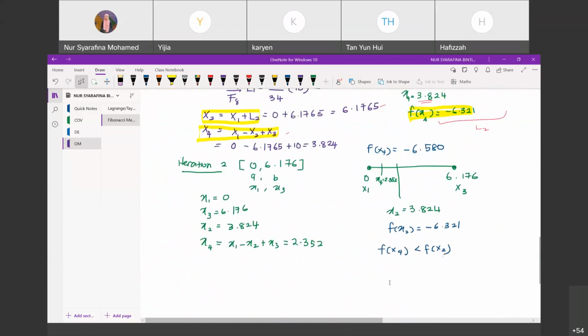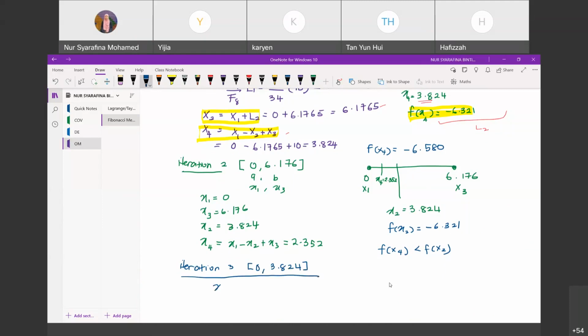So iteration number 3. Your new iteration should involve the new interval of x1 and x2, right? 0 and 3.824.